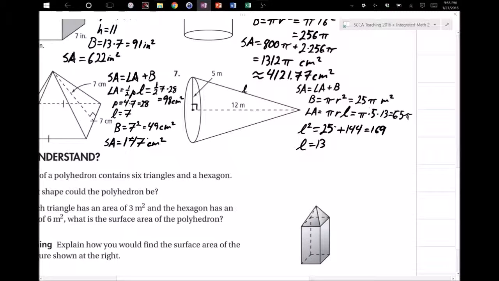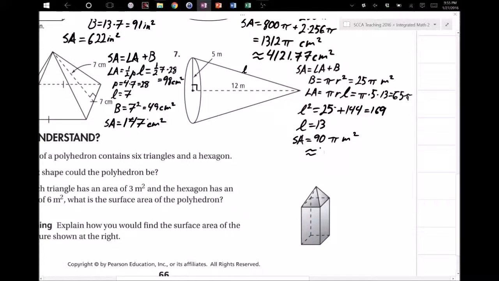And so 25 plus 65, my surface area, is equal to 90 pi meters squared, which is approximately, if we use 3.14 for our value for pi, 282.7 meters squared.